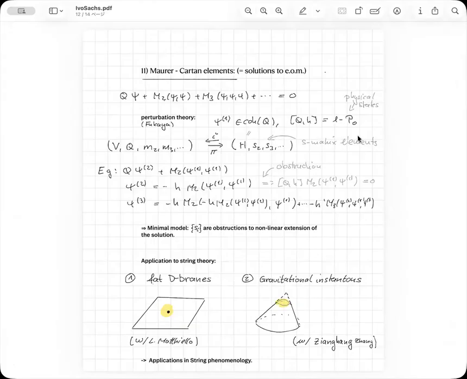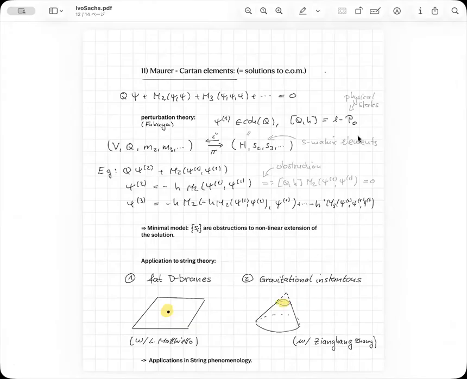So you might just ask for the Maurer-Cartan elements, solutions of the equation of motion. And I discussed a little bit in the beginning of the lecture that what you can ask is, suppose you have a linear solution of the linearized equation, can you extend it to a finite deformation?